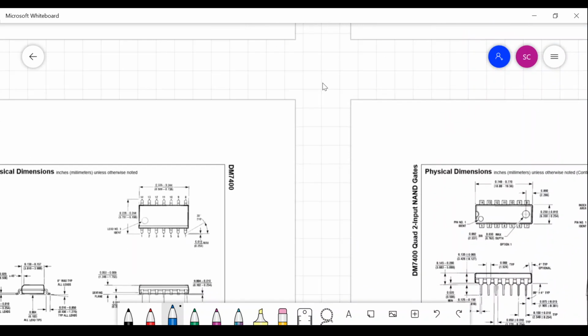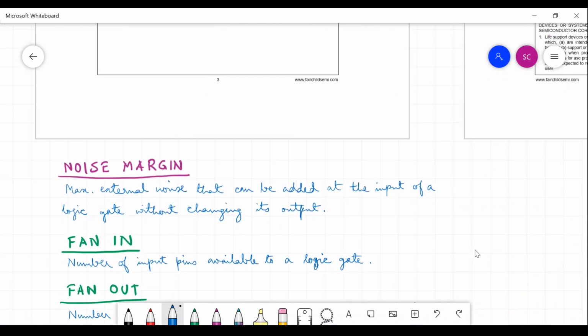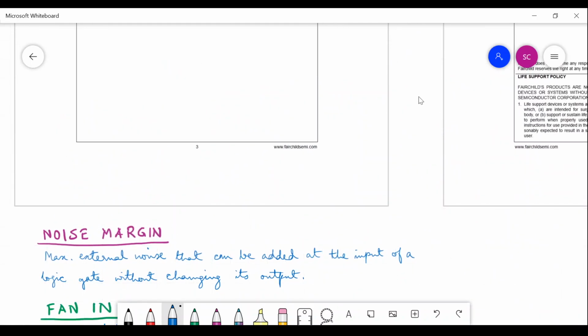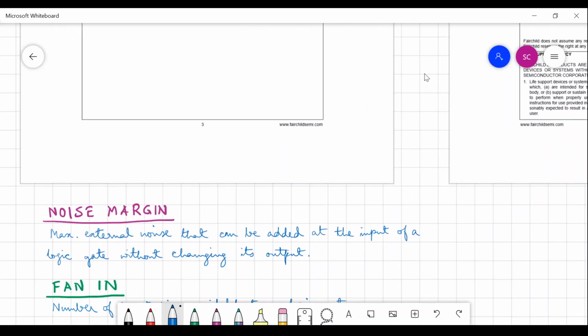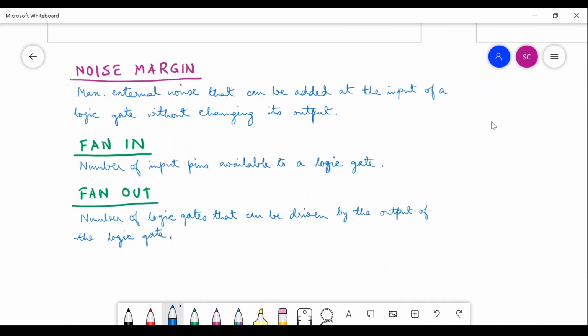so these are some of the things which needed to be told, and a few more things are there. These 3 things are not shown in this data sheet, but one needs to know that there is something called the noise margin, fan in and fan out in relation to a gate, any gate.